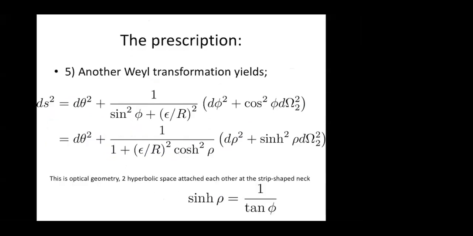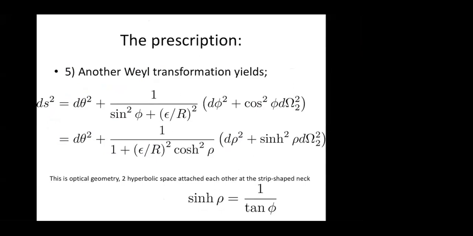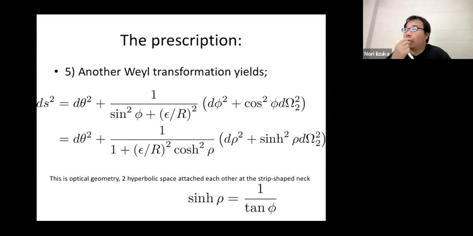So finally, there's a geometry where theta has to be identified with theta plus beta, and there's just Euclidean AdS. Is it correct? Theta plus beta. Here, this theta has to be identified with theta plus beta, and this is the Euclidean AdS. The rest is Euclidean AdS, but the Euclidean AdS pieces are attached to each other.